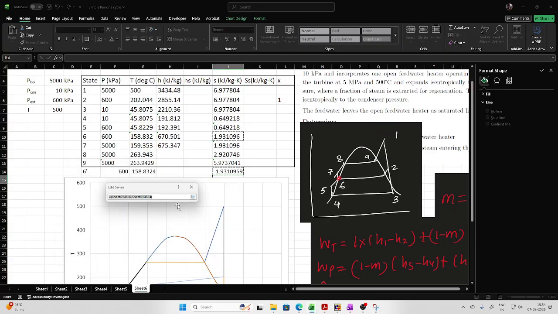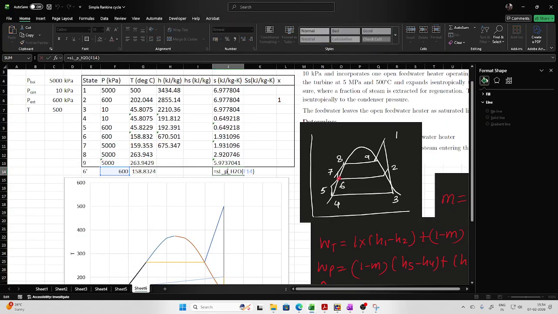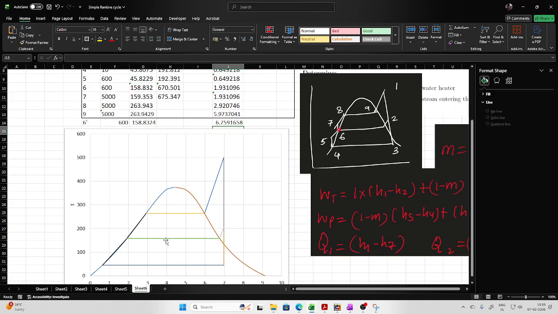So what is the x-axis? It is 6 prime. What is 6? This is saturated. No, sorry. We have done it wrong. Okay, let us correct it. This is saturated liquid. No, it should be saturated vapor. Now I think it has come. Okay, now you can see that you have been able to draw the cycle correctly.